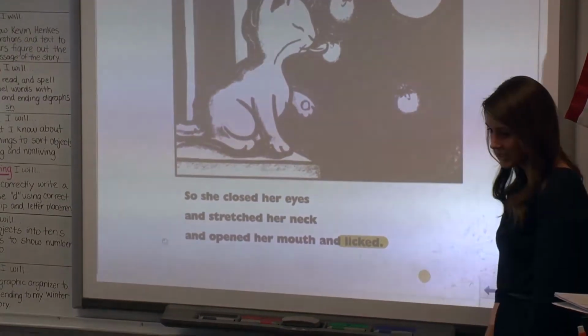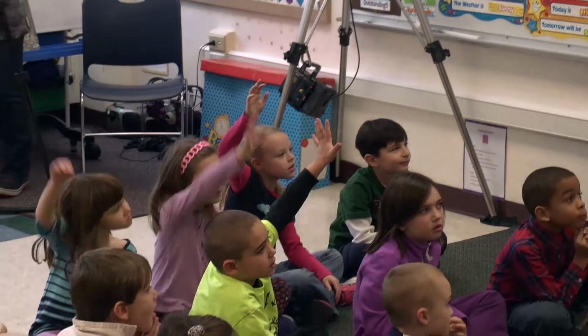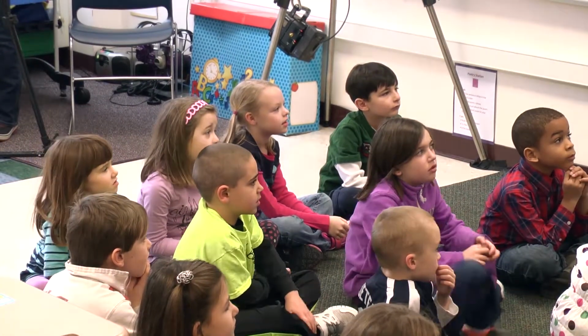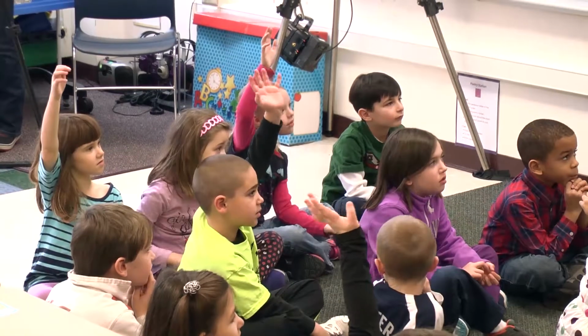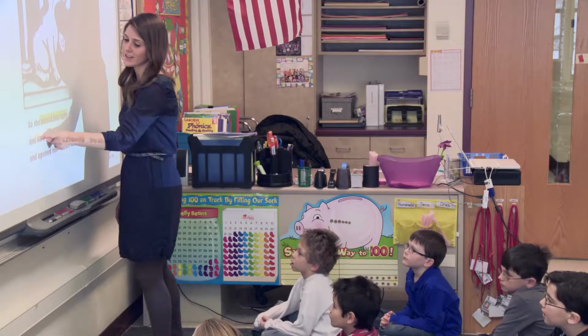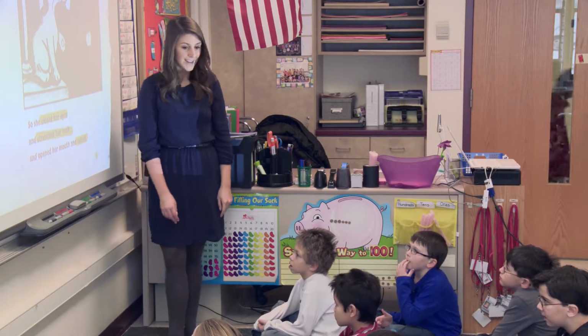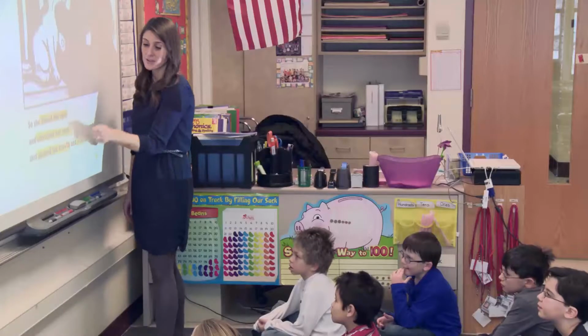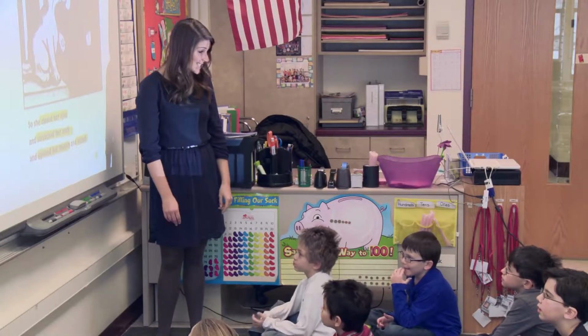That's one action. There's lots of others. Melissa? She closed her eyes. Emma H? She stretched her neck. Vanessa? And she opened her mouth. Okay, so look at all those things that she did.